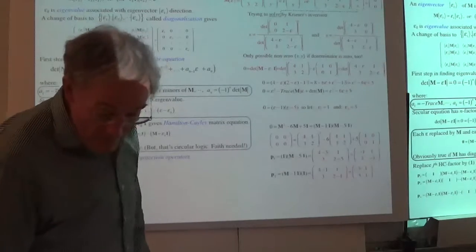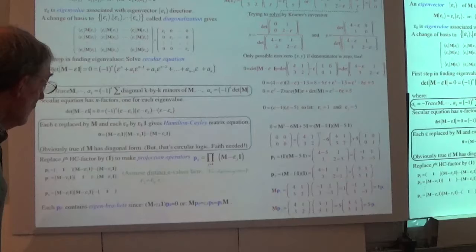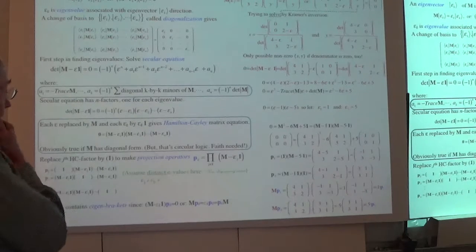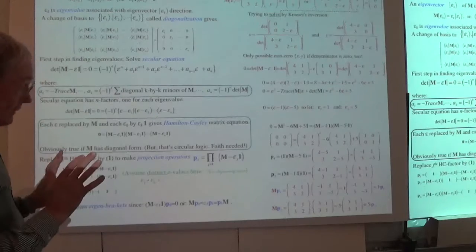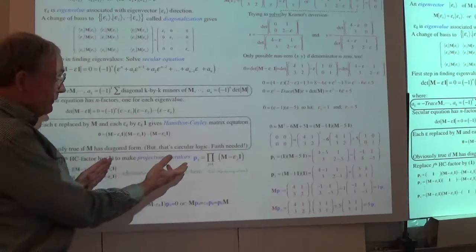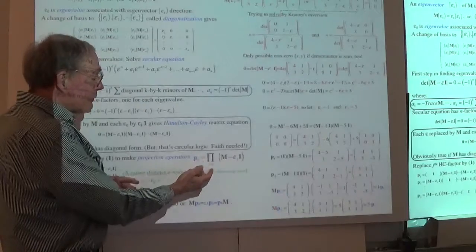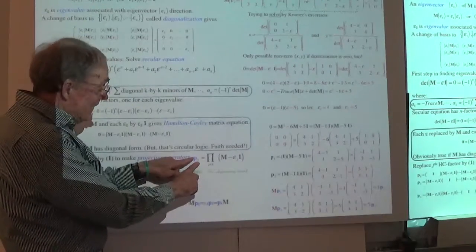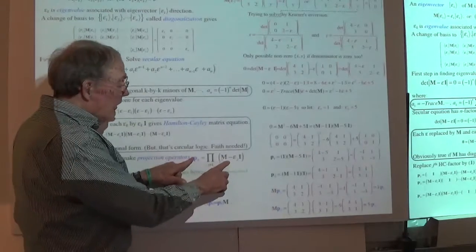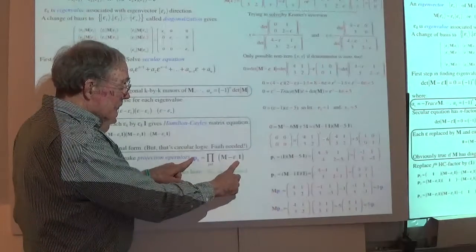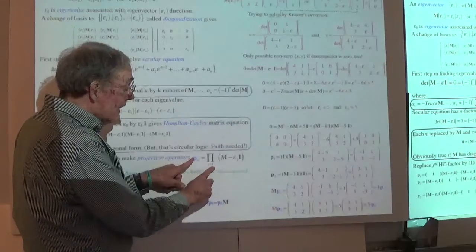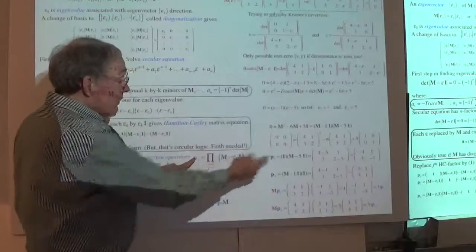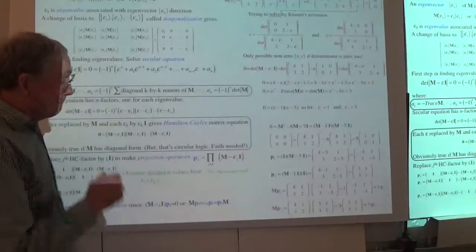Okay? So what we'll notice then is that if you do that, and this is a fancy symbol for doing that, the product here, for projector K, over all of the factors involving eigenvalue J except K. So this is just saying leave out one factor, but take all the others and multiply them.